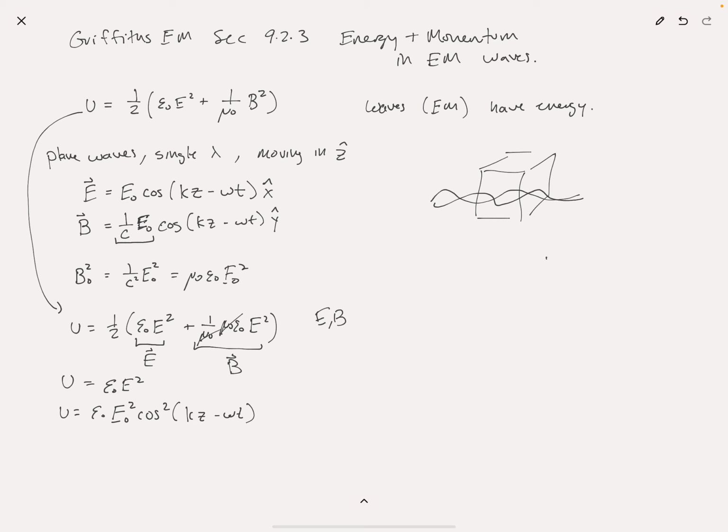All right, great. So as waves move, they can move this energy. It wouldn't be very useful energy if the wave wasn't propagating the energy forward. So how does it move forward? Well, we can describe the way the energy is transported by calculating the Poynting vector.